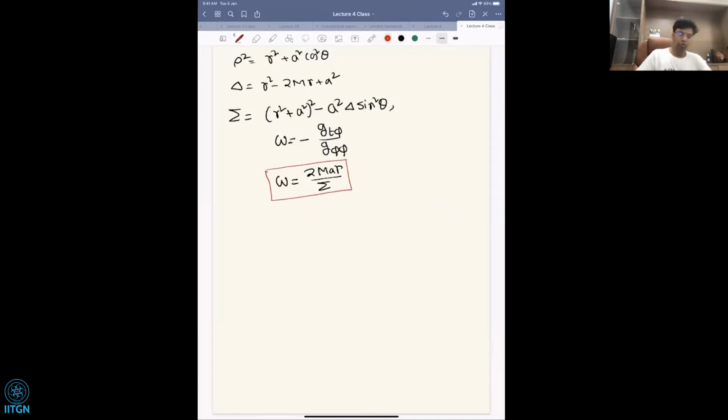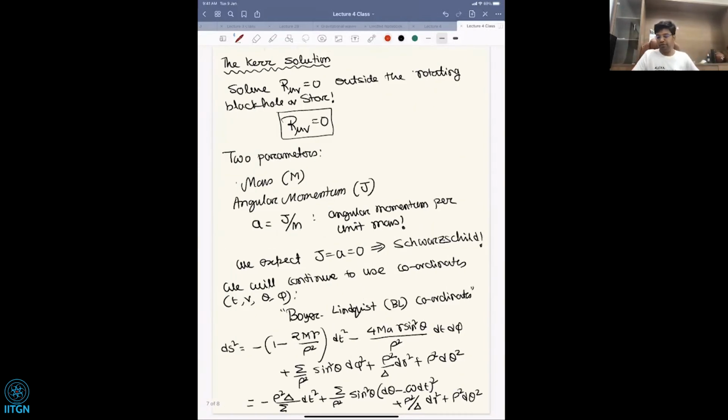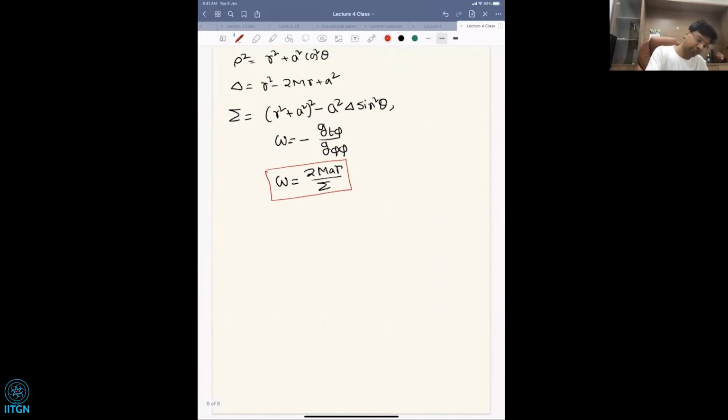So this is a huge metric. First and foremost, you should immediately check by putting a equal to 0. We'll come back to it. a equal to 0, or J equal to 0, because a is nothing but J over m.